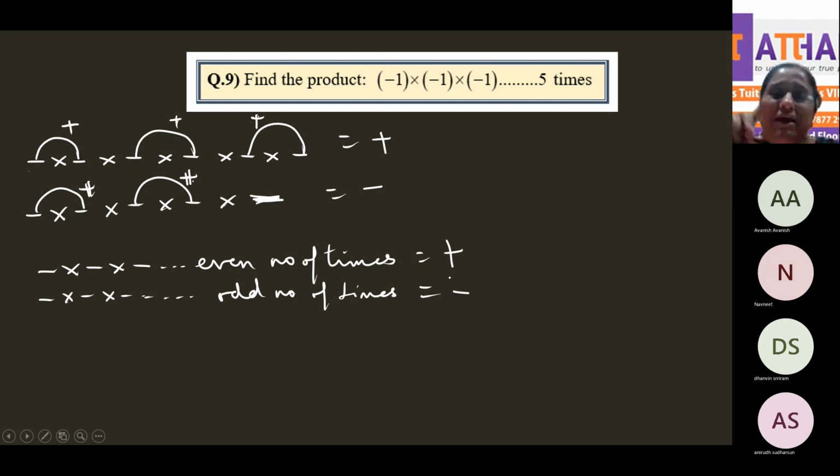Odd number of times means 11 times, 15 times, 19 times, 21 times, then the result is minus. But if you multiply it an even number of times, 4 times, 10 times, 20 times, it's plus. Because when you multiply two minus signs, it becomes plus.